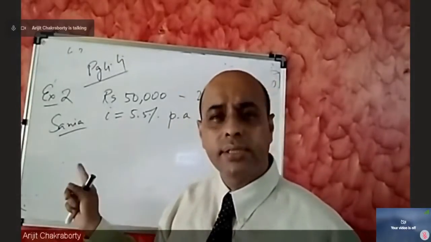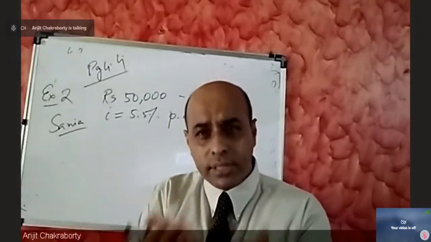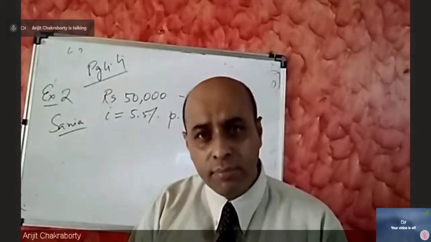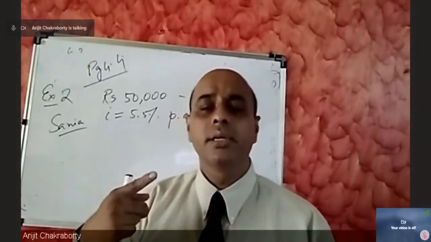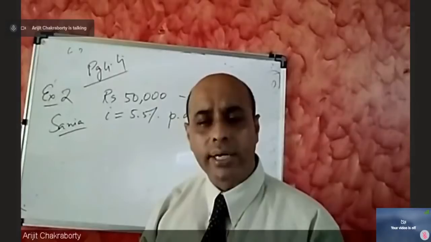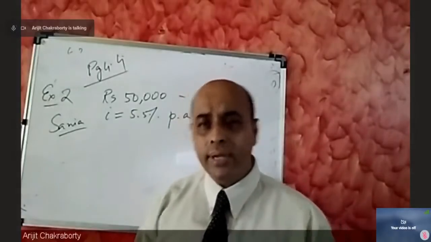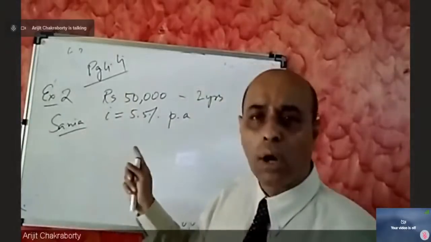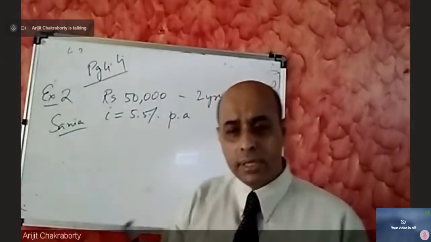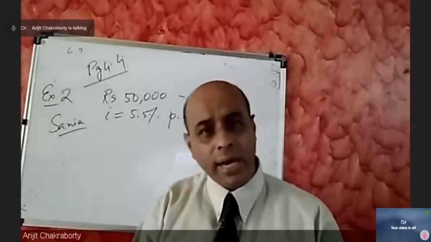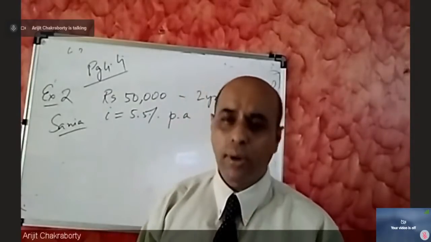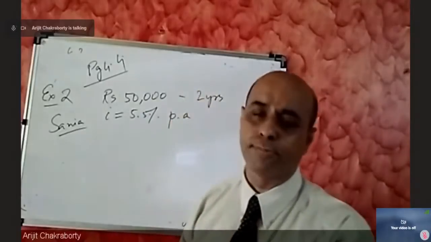Not just as a chapter in the mathematics paper, but because this chapter will give you the foundation for economics, for financial management, and later on when you study the audit paper, when you actually go to a bank and do a bank audit during your articleship, you will find that these calculations and knowledge of these formulas will be very useful for you. So this chapter is a foundation for economics, financial management, risk management, banking, and also audit. That is why 3 sessions have been devoted only to this chapter.